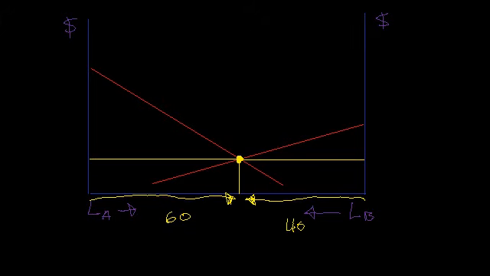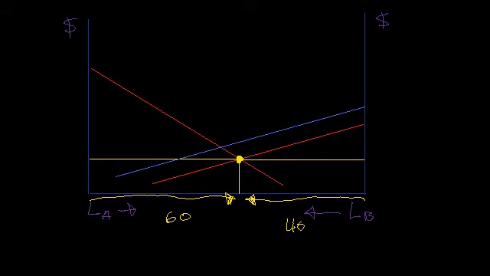Now the other really interesting thing is it's really easy to do a simple analysis. We can see that if, say, something happens in one of the regions, let's say something happens in region B to increase demand for labor, it'll start to get a little bit messy, but we can see immediately that there's an effect in both regions, and we can see exactly what it is.